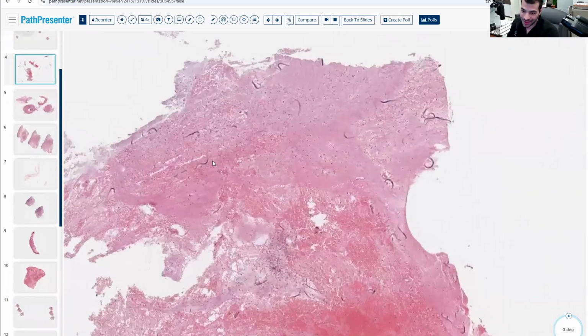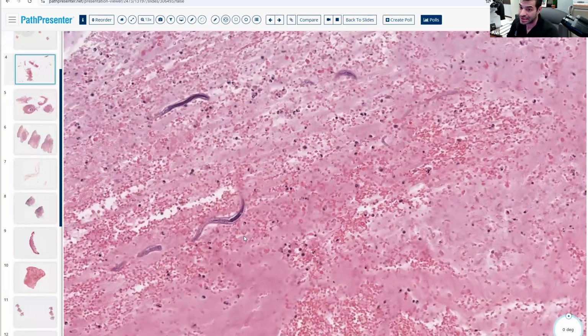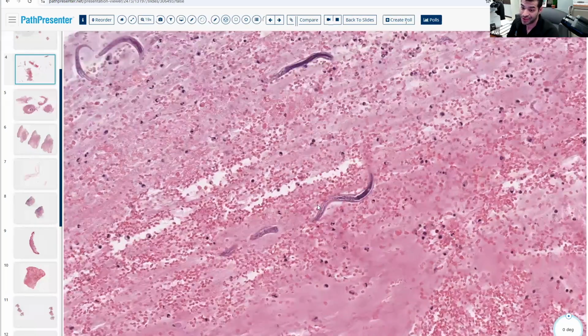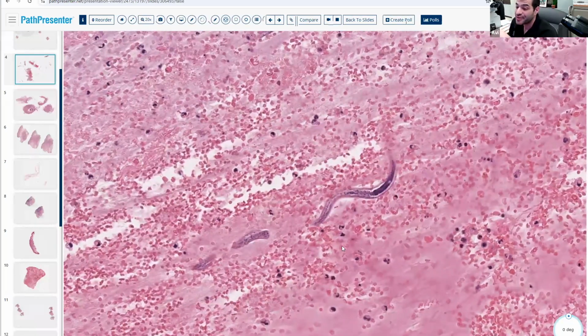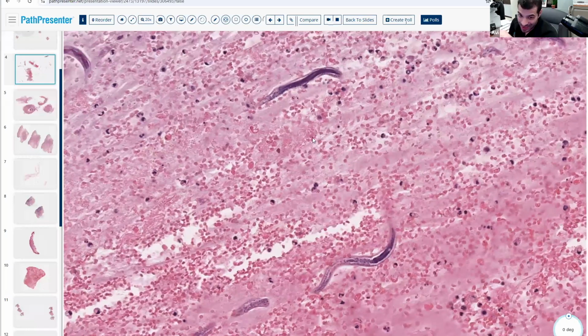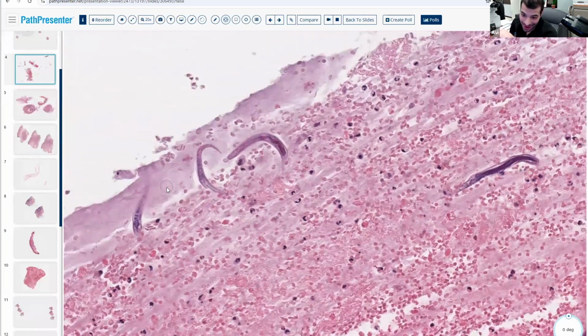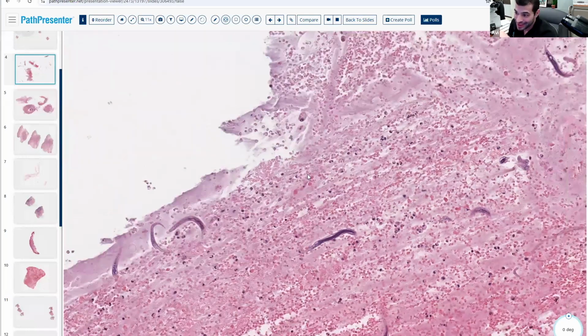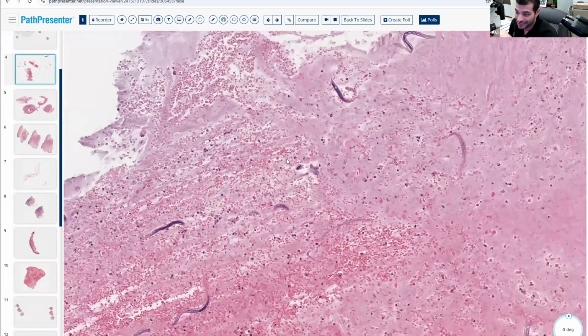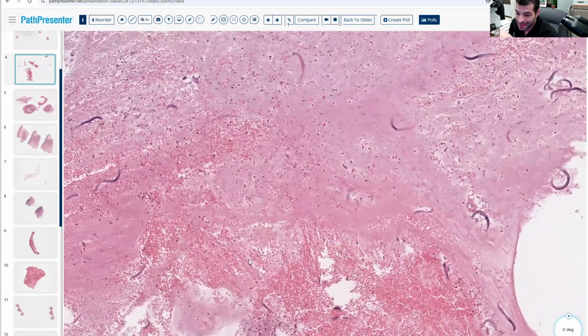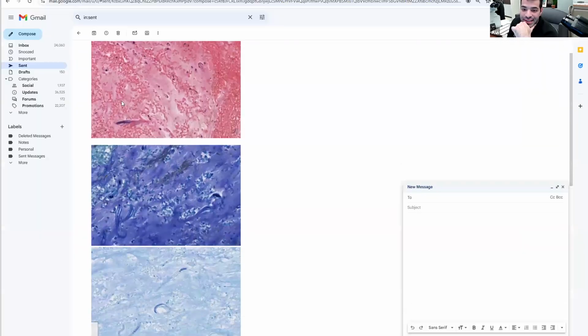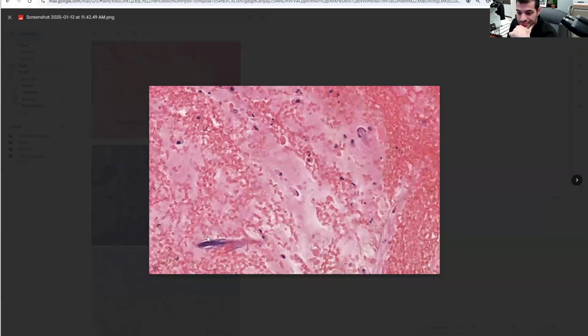Unfortunately, I don't have an example of Strongyloides in skin available to show. So I have to share these massive pictures of massive larvae of Strongyloides. But what I want to share with you is that in some cases, so here's an example of a larva.